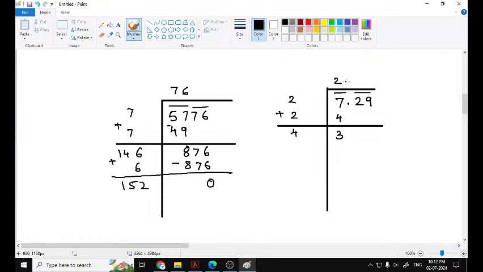Put this decimal point in the quotient part and take the next period.